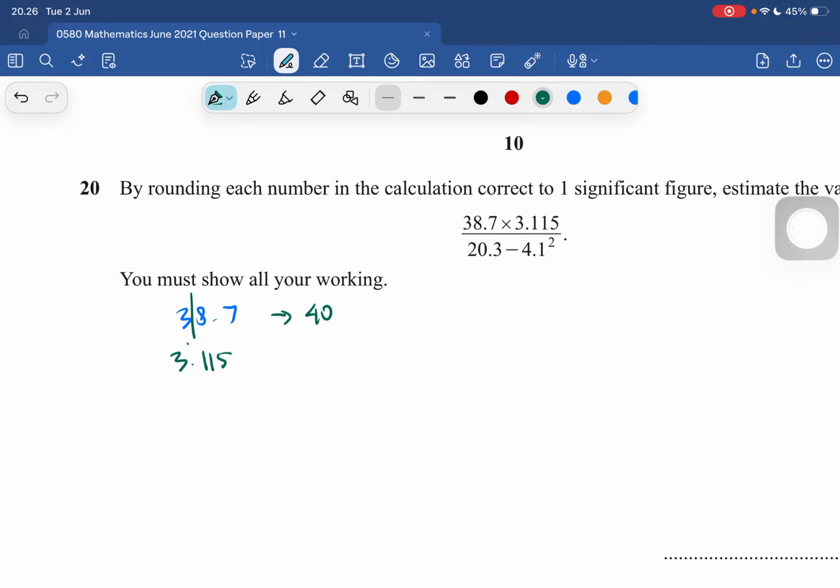One significant figure is 3. Next we got 20.3, so it's only 20. Next 4.1 squared. Okay, 4, and then we square it. This is equal to 16.